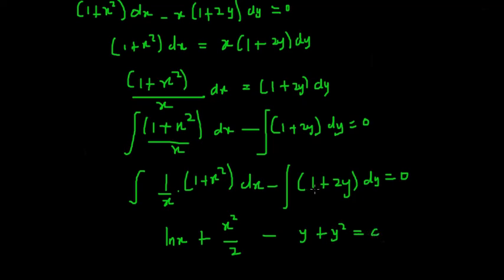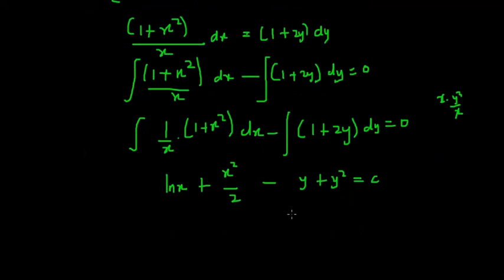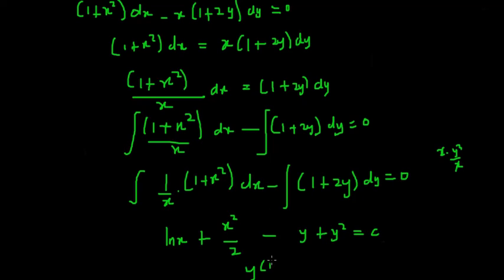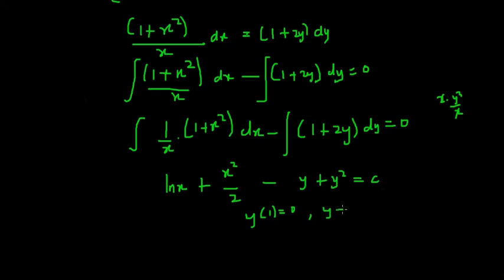So when you integrate this, you get y. When you integrate this, you get y squared, because this will be 2, this will cancel that, remaining y squared. Let's move on. You've been given initial value conditions at y of 1 equals 0. This means that y is 0 and the x value is 1. So let's insert it into this expression.